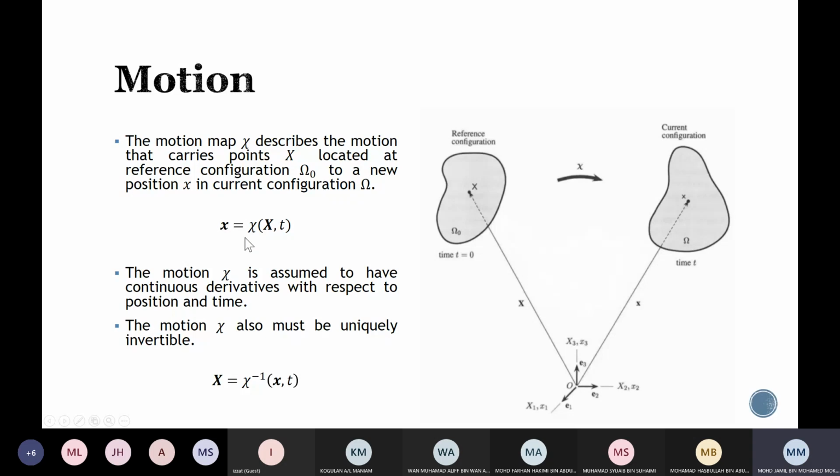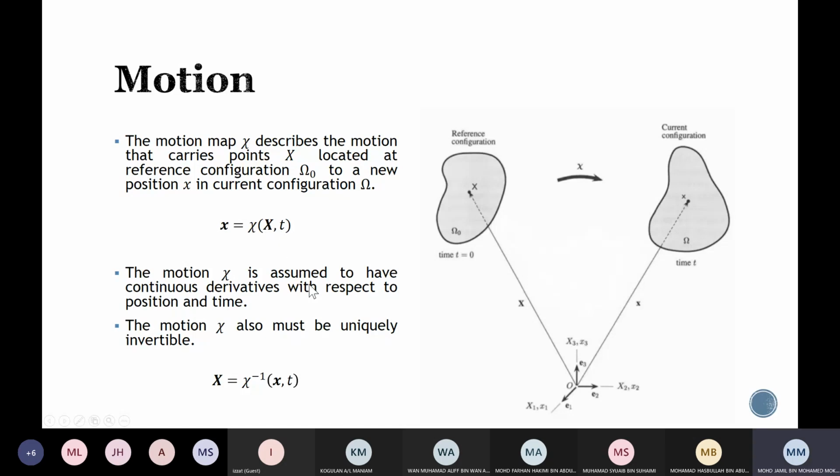We can write it in mathematics as small x equals the function chi of big X and time t. So to relate small x and big X, it is related by this function chi of X and t.